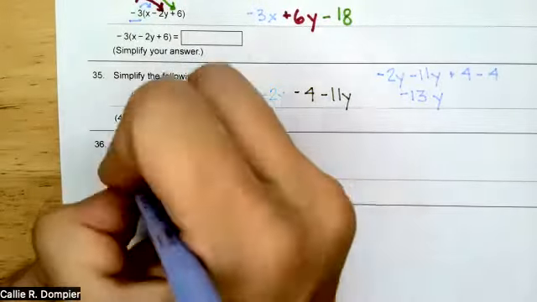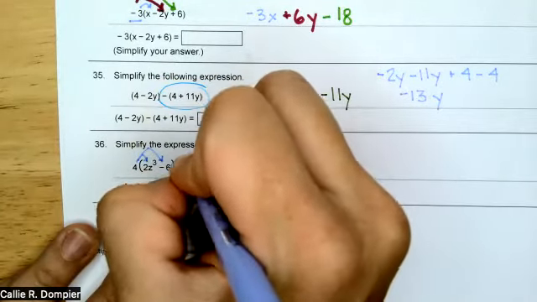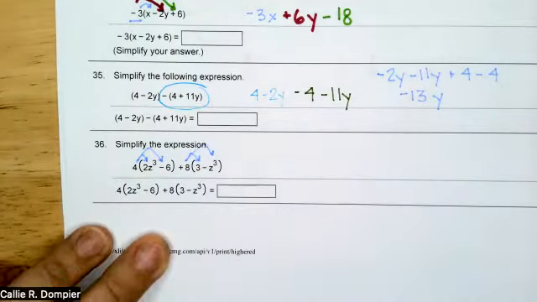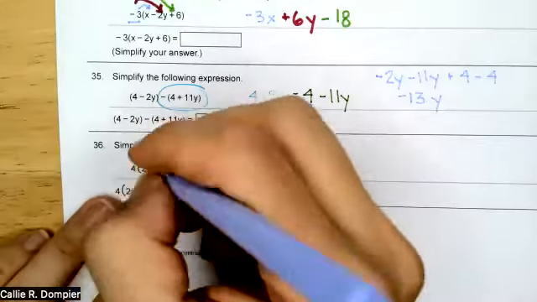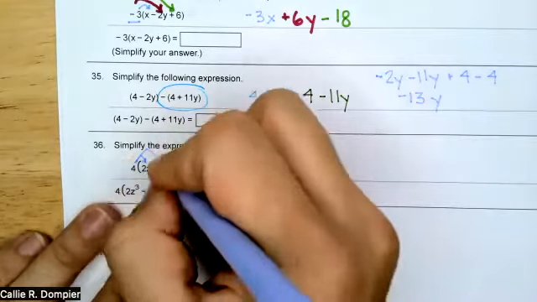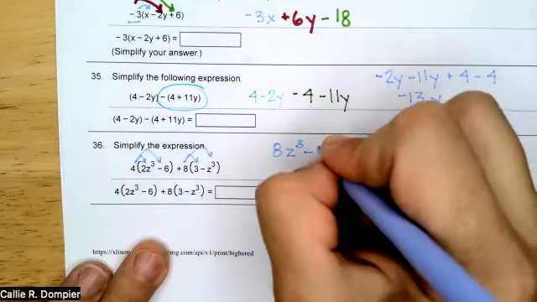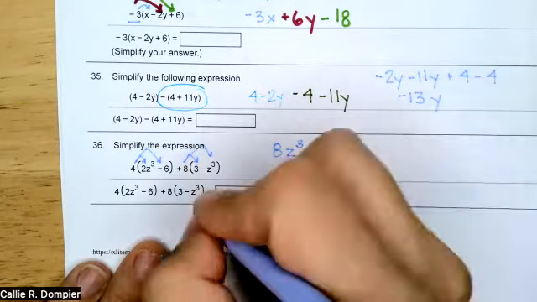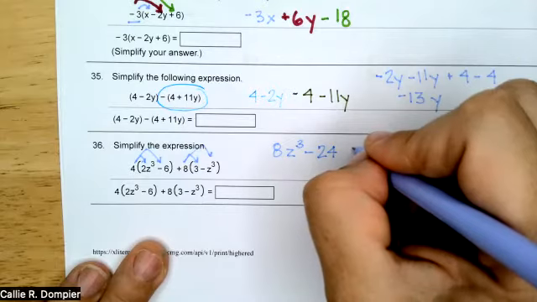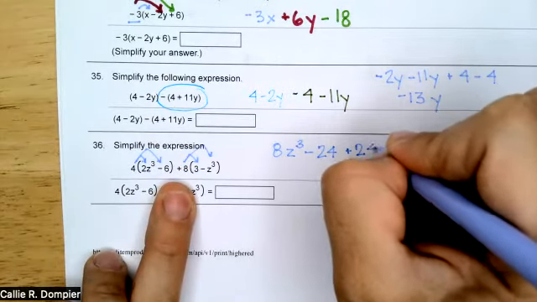36, we're going to distribute the 4 to these two, and then we're going to distribute the 8 to these two. So 4 times 2 is 8z to the third. 4 times a -6, right? What's 4 times 6? 24, but it's a negative. Plus, so 8 times 3, also 24.